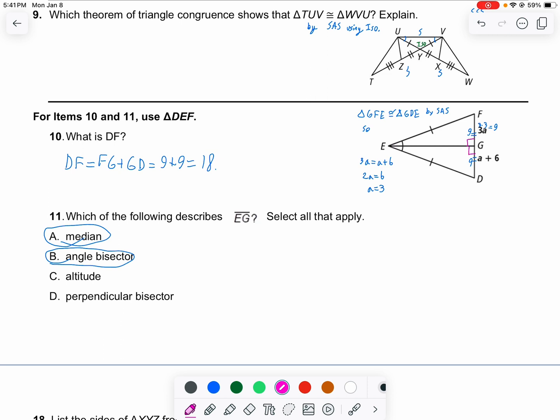Two right angles makes perpendicular, which means it is a perpendicular bisector. So we can go ahead and highlight that one too. Is it an altitude though? An altitude is perpendicular to one side and it goes to the opposite vertex. So EG is an altitude. So it's actually all four.